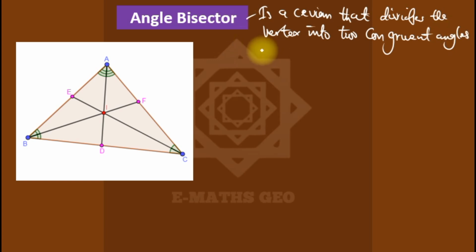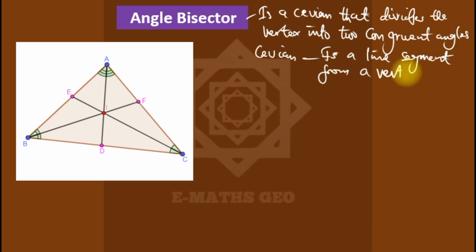You might not be conversant with Cevian. A Cevian is a line segment from a vertex of a triangle to the opposite side.